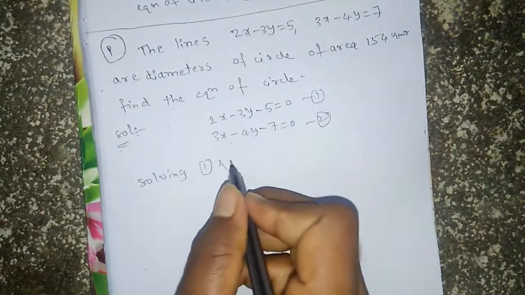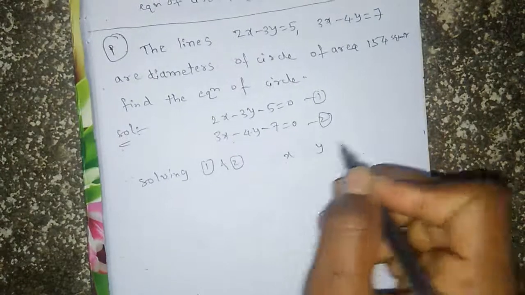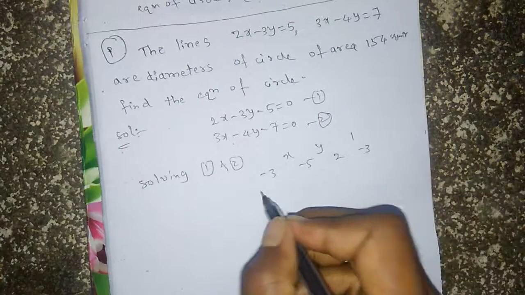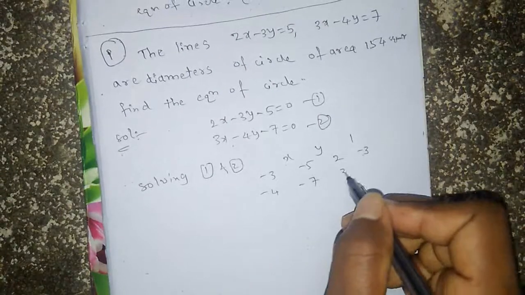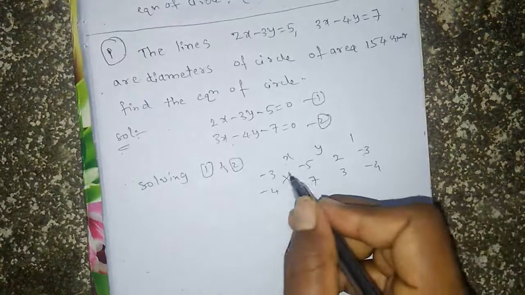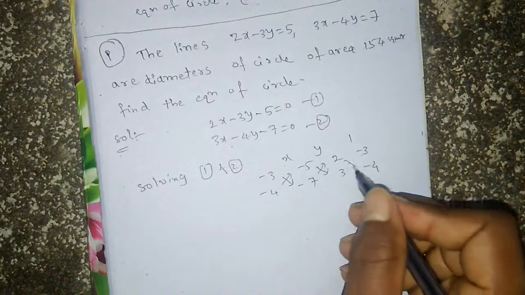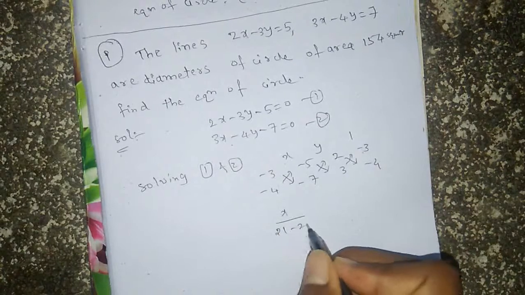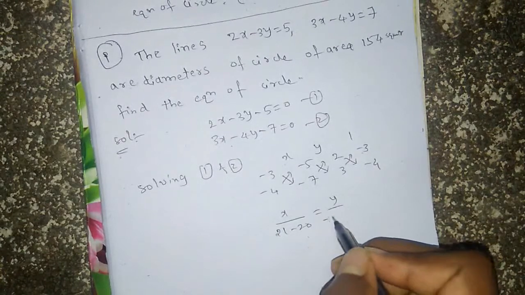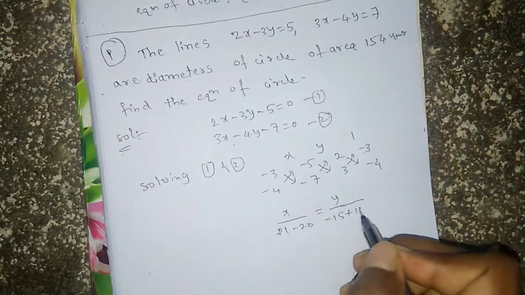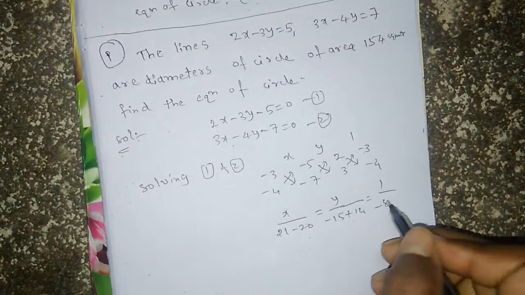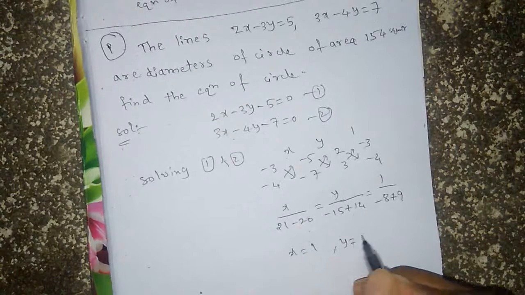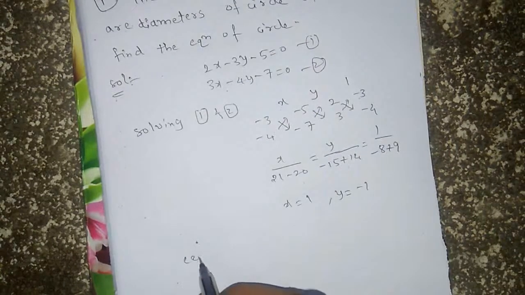Solving 1 and 2: x, y, 1 with coefficients 1, -3, -5, 2, -3, -4, -7, 3, -4. x/(21 - 20), y/(-15 + 14), 1/(-8 + 9). So x = 1, y = -1.